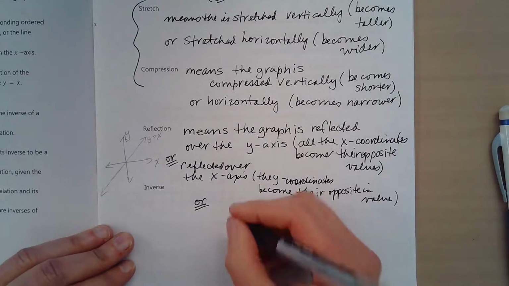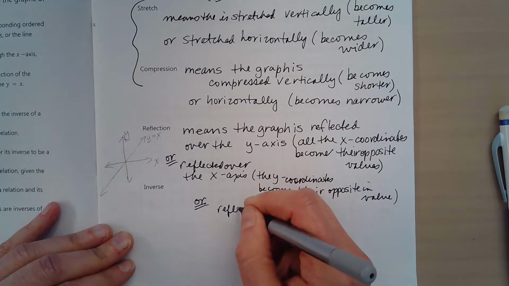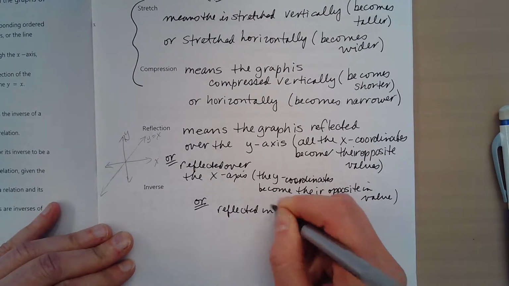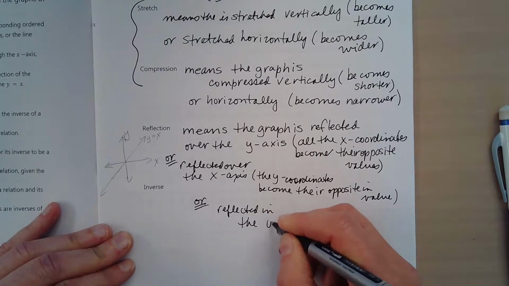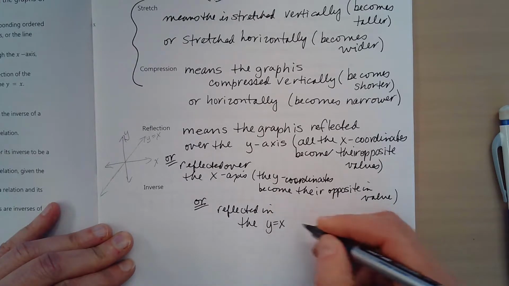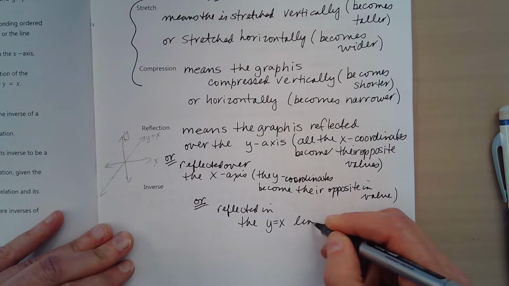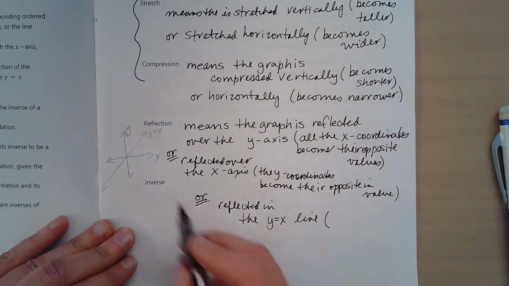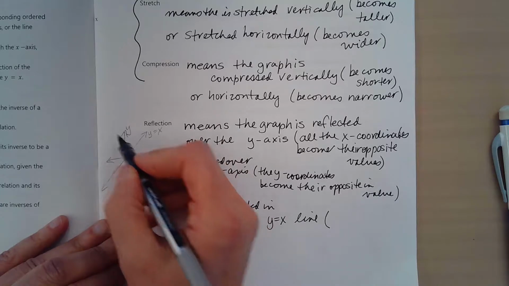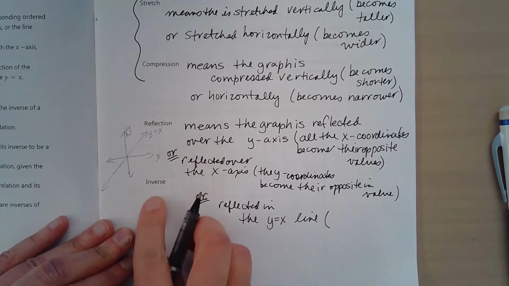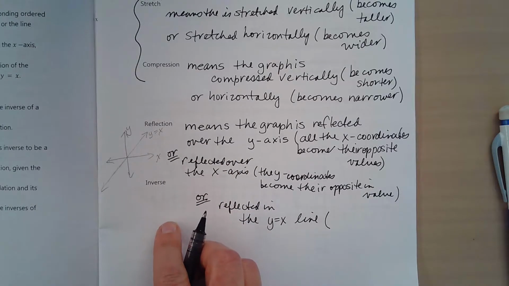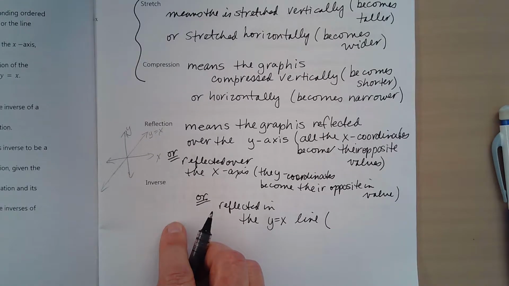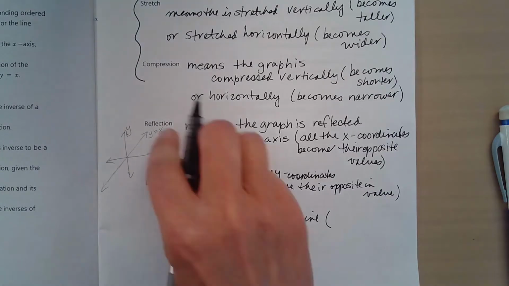Or reflected in the y equals x line. Guess what happens there? If there's a reflection in this line, it's kind of harder to do, and that's why we'll save this. That's what the inverse is. Can anyone think about what would happen to the coordinates? Something interesting happens if they're reflected in this line.